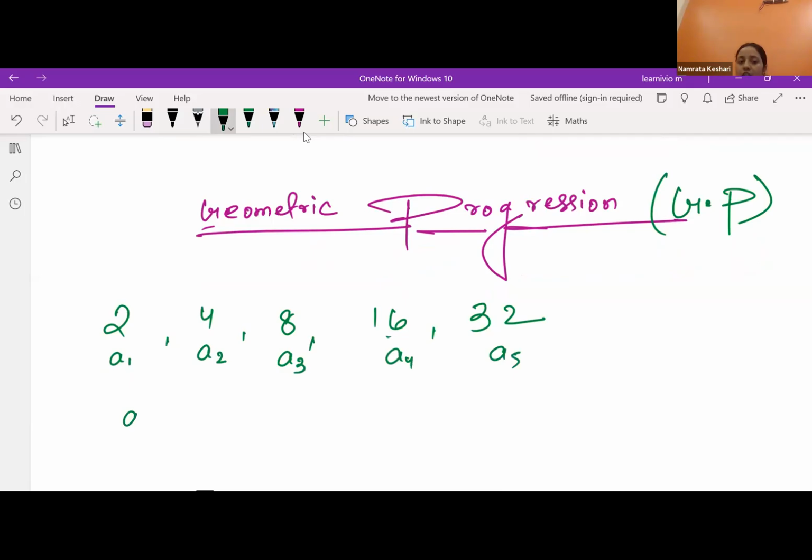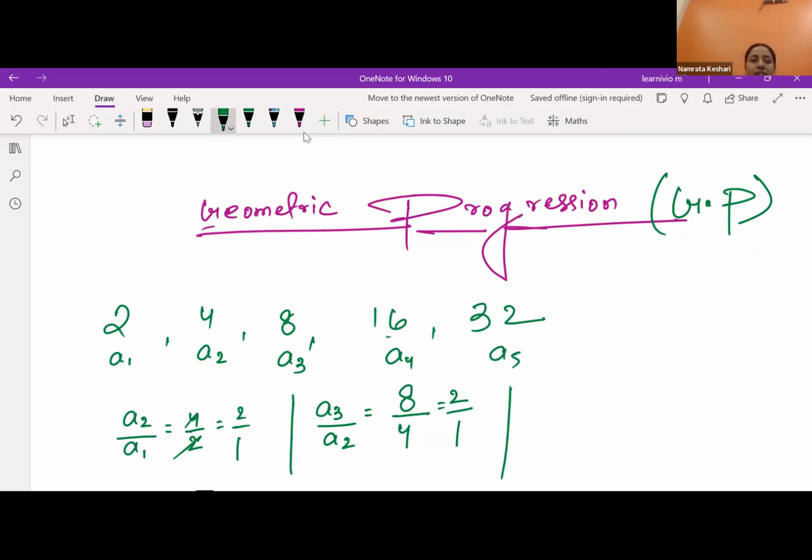When you check the ratio between the second term and the first term, you will get 4:2, that means 2:1. When you check the ratio between the third term and the second term, you will get 8/4, and that means again 2/1.